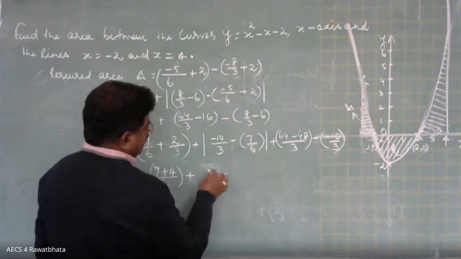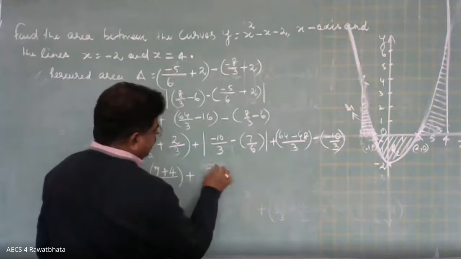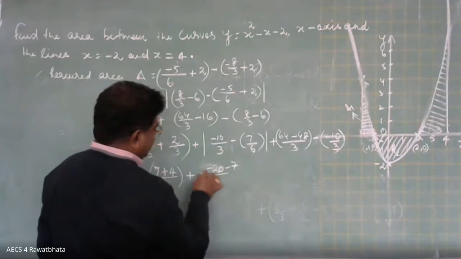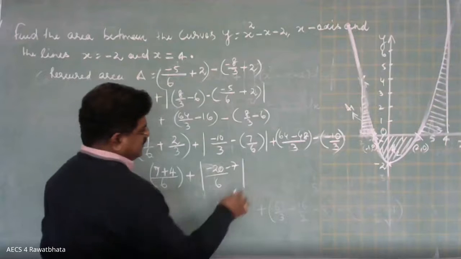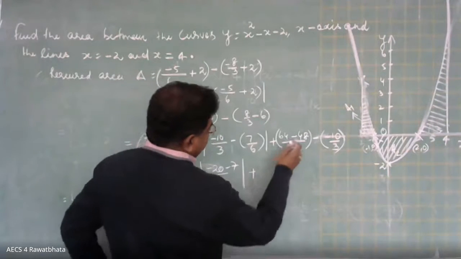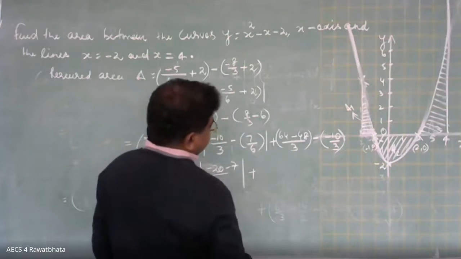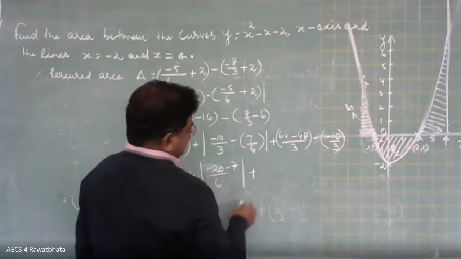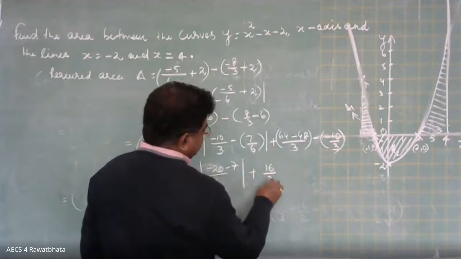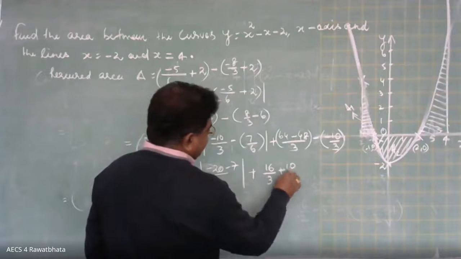And here 6 divided by 3, minus 20 and minus 7, modulus, plus 64 minus 48, that is 16. 16 upon 3 plus 10 upon 3.